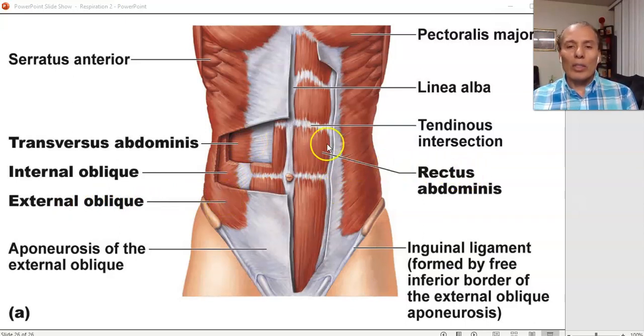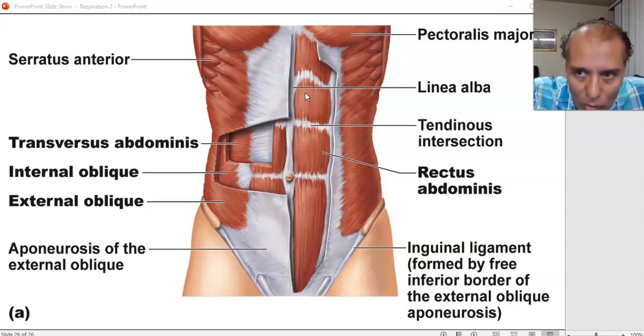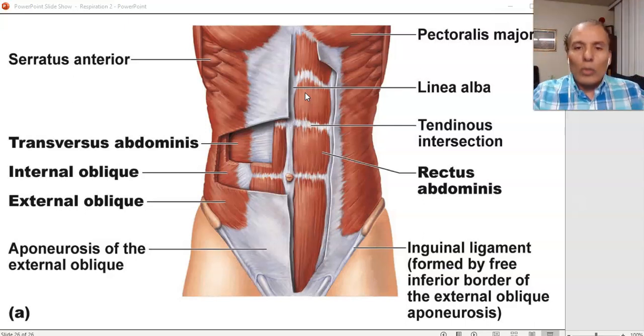And then you have the rectus abdominis that connects the inferior segment of the thorax, basically going down to the pelvis. And that is very important for flexion. When you contract, it makes you bend your thorax forward. By doing so, you compress the thorax and you narrow its volume.